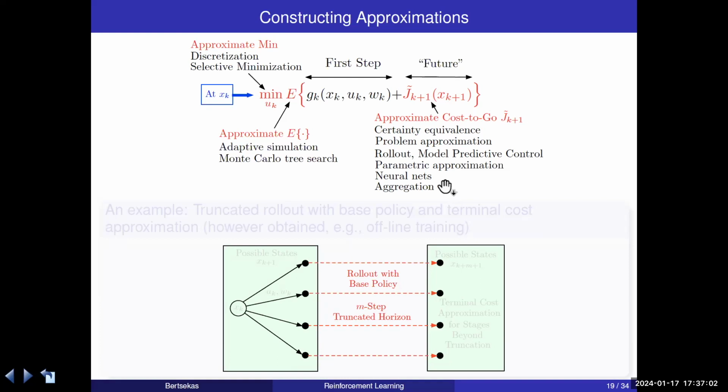which replaces the original problem with a problem of smaller dimension. It aggregates dimension, aggregates variables, creates a simpler problem, which it solves exactly, and then it uses its optimal cost function as J tilde. We mentioned rollout. Model predictive control also involves special types of J tildes. Parametric approximation in neural networks is a major one.